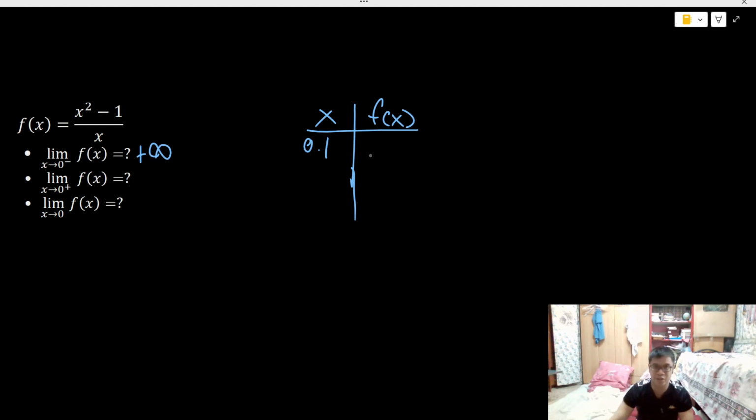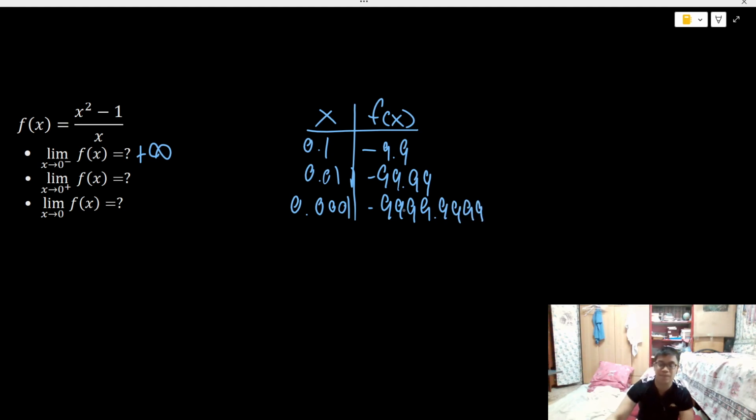Okay, I'm right actually. So you will have negative 9.9. If I substitute 0.01 here, that would be negative 99.99. And if I substitute 0.0001, I will have negative 9999.9999, which is almost the same as from the left, but the difference is the sign.